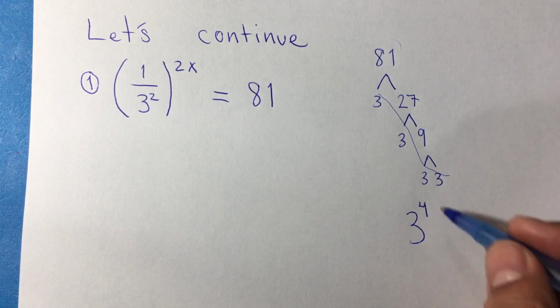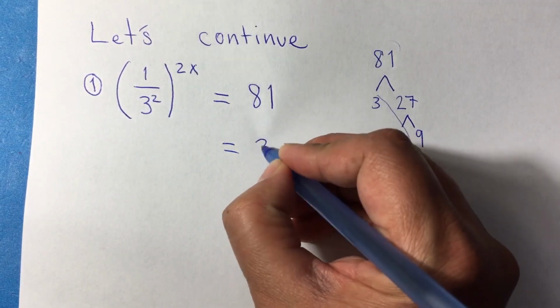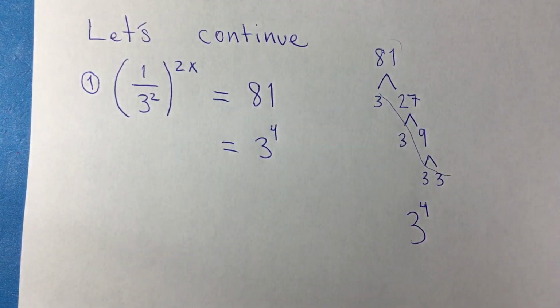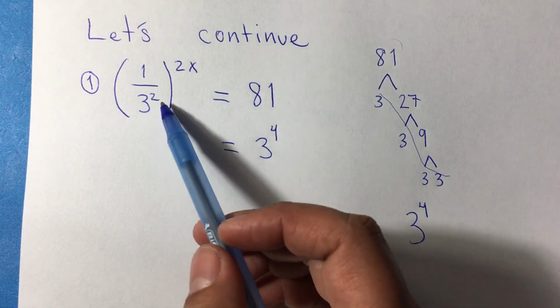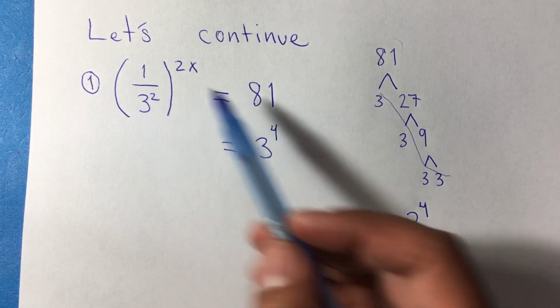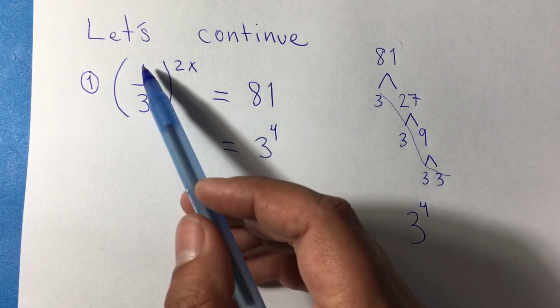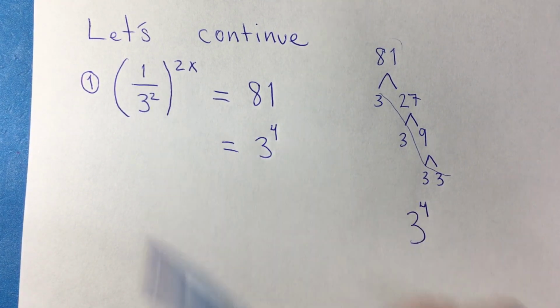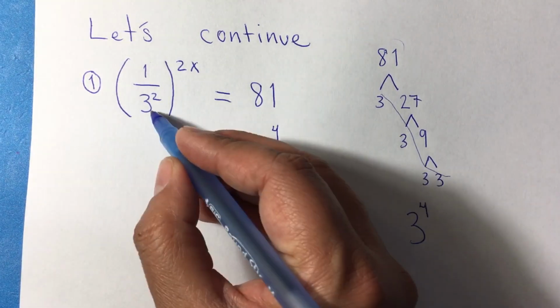So we're going to replace this side with 3 to the 4th power. The other thing that we want to do is to change this into a base 3, not a base 1 over a power of 3. How do we do that?